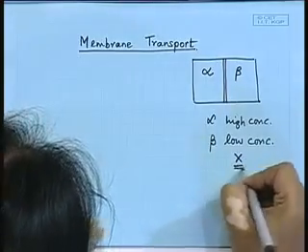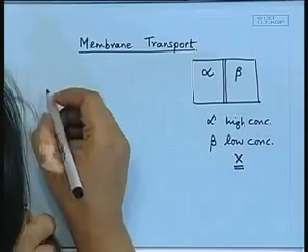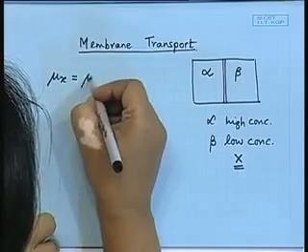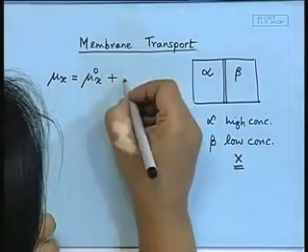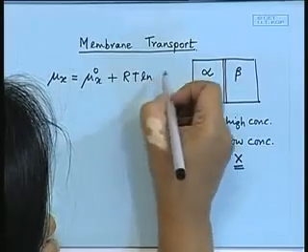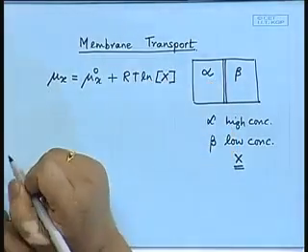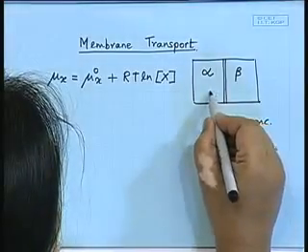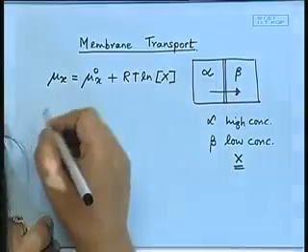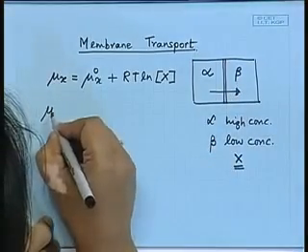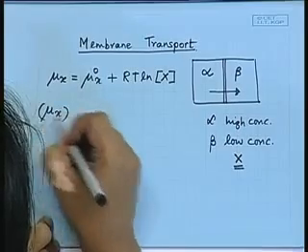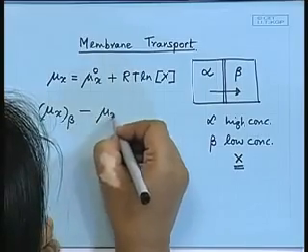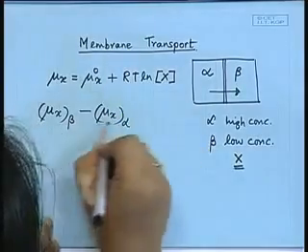X. Now, when we write the chemical potential, we have mu x which is equal to mu 0 x plus RT ln x in general. If we have this going from alpha to beta, then we have to look at the change of mu x beta, because that is our final state, minus mu x alpha, which is our initial state.